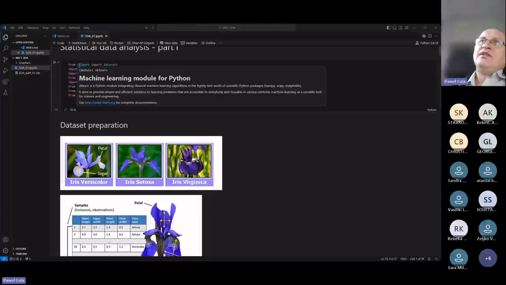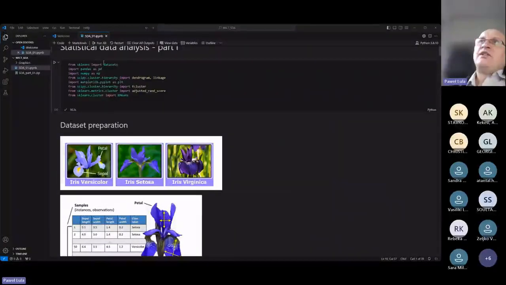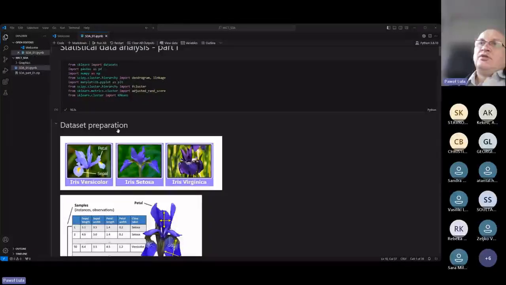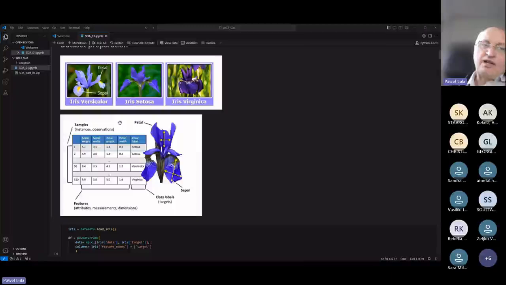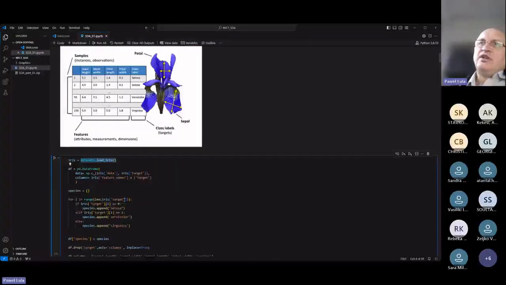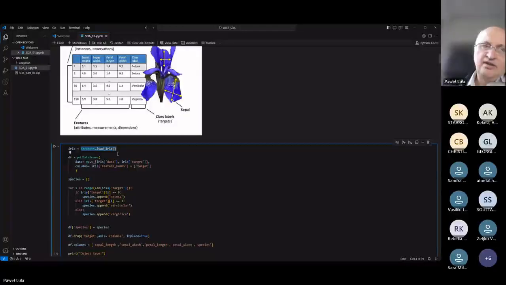SK means scikit-learn, which is the most popular library for Python that we can use for machine learning. And we have a sub-package in it with some exemplary datasets, and we can use this dataset in the form which we see here.